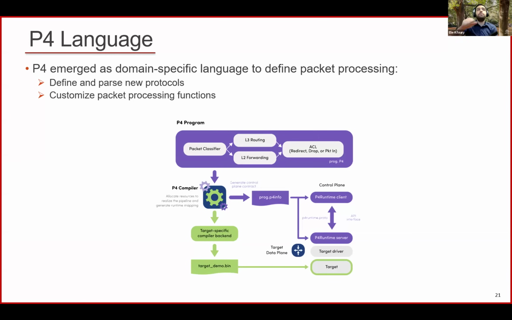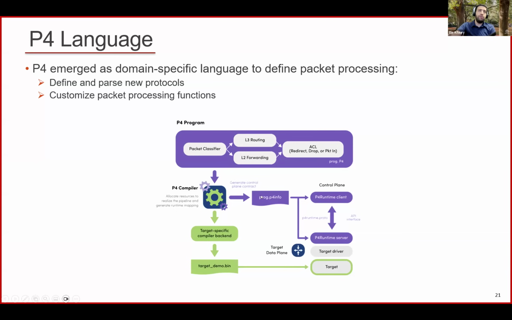At the same time, it will generate control plane metadata or specifications that you can use to populate tables at runtime and manipulate registers, to be able to control the data plane that you have. So you write the P4 program, you generate the binary, you push it to the hardware, and then you have some Python or C or C++ program running in user space, and you use that to populate the data plane of the device.